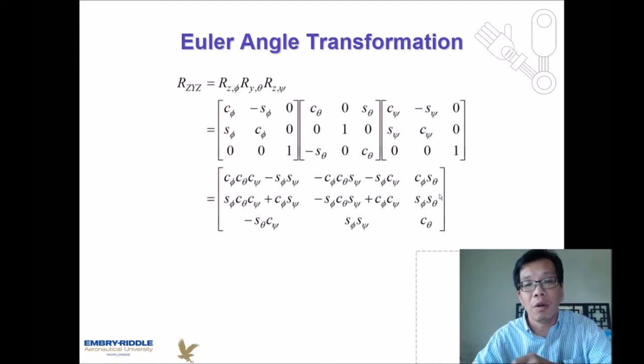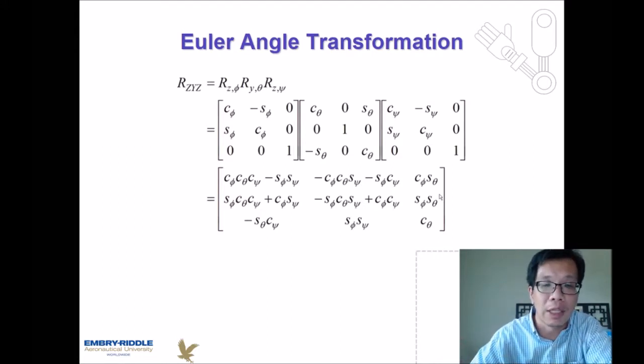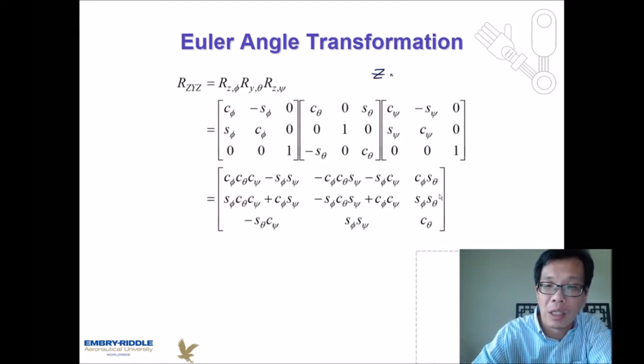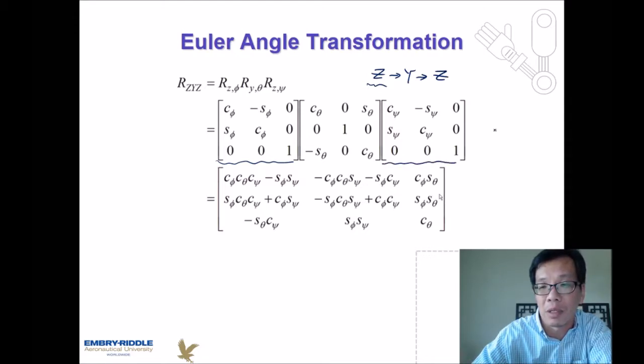So let's say we are rotating about z, y, z. If we are dealing with z rotation, it is something like this, and we are rotating about angle phi. And this is another angle we deal with when we are rotating about the z-axis again.